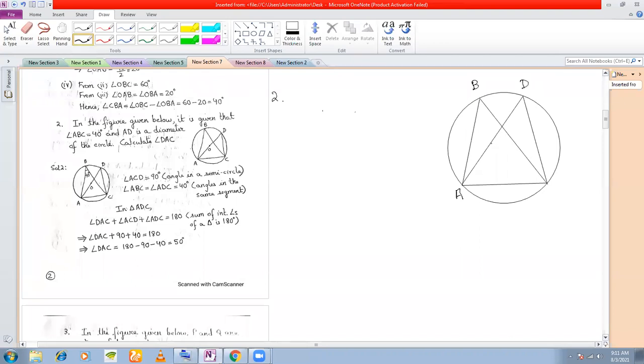This is given to be the center of the circle. So let's draw it a little neatly, so that it looks like the center of the circle.